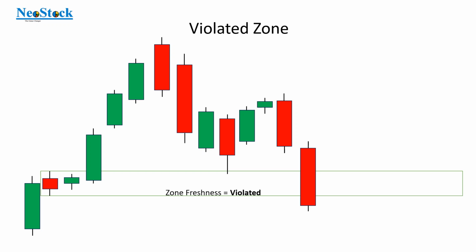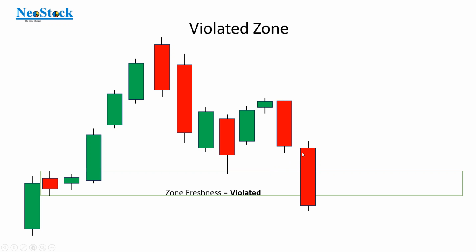The point you should understand: there is no rule that a zone should first be pierced and then be violated. There is no such rule. A zone can be directly violated without being pierced. To avoid confusion, if anybody gets this question in mind because I showed you the earlier example, to clarify your confusion, I am now explaining even this scenario.